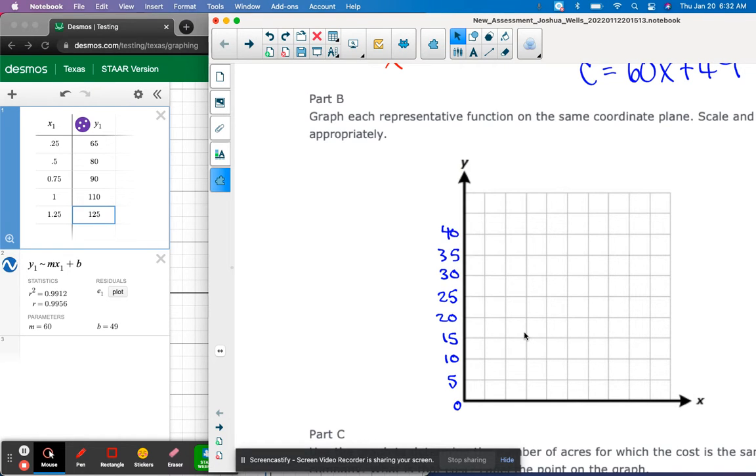And then because the number of acres is in decimals, I'm going to count by 0.25.